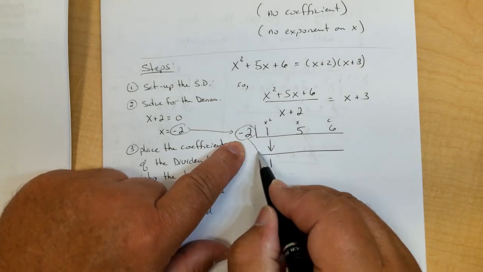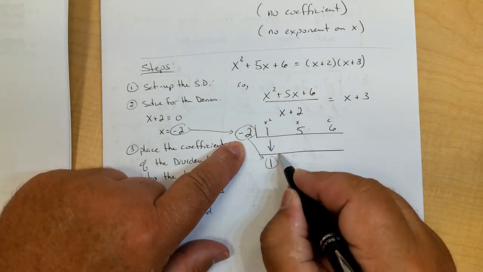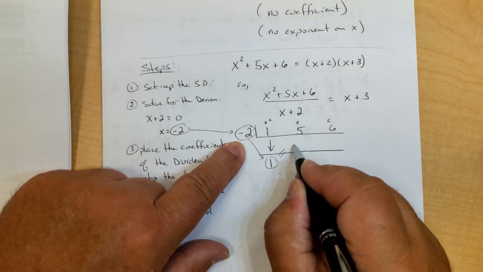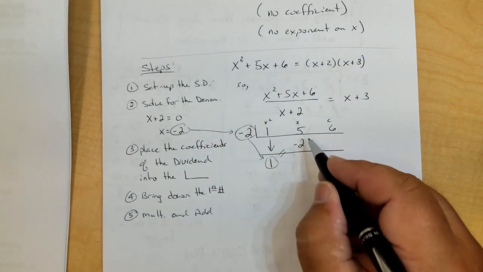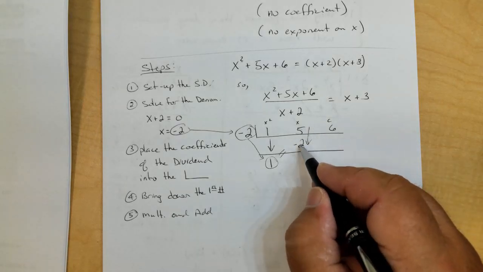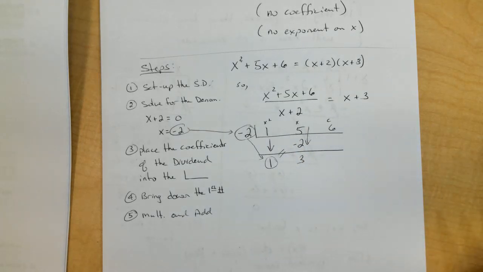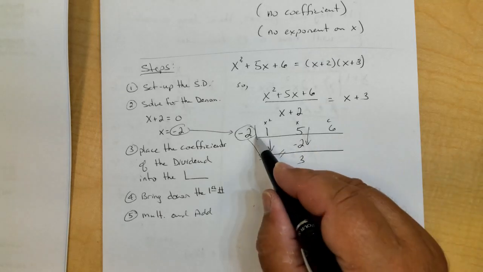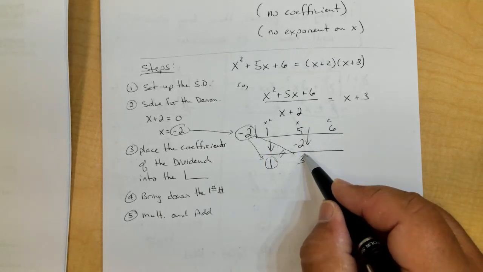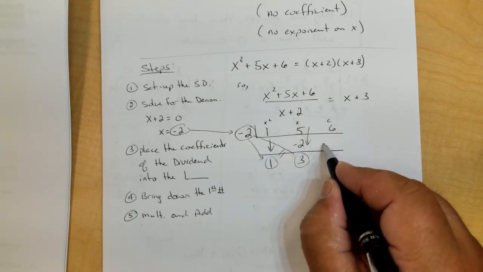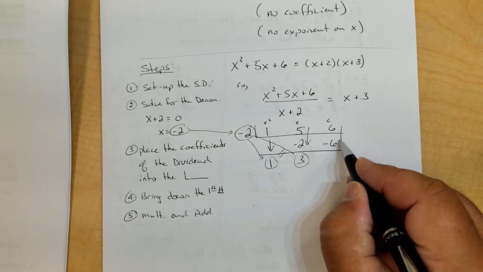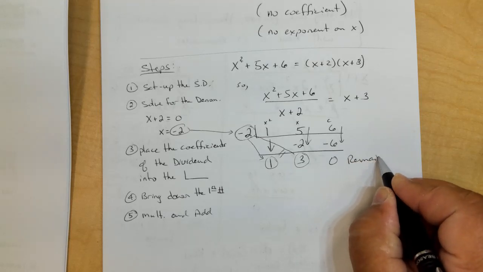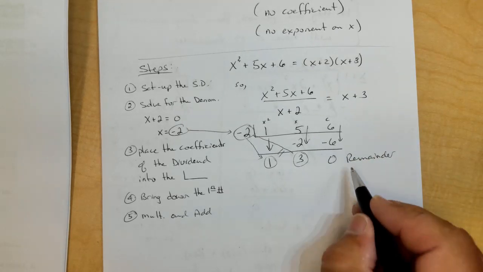Multiply this term by this term, put it in that column. So negative 2 times 1 is negative 2. It's straight down. 5 minus 2 is 3. Repeat the process. Negative 2 times 3 is negative 6. 6 minus 6 is 0. There's your remainder.